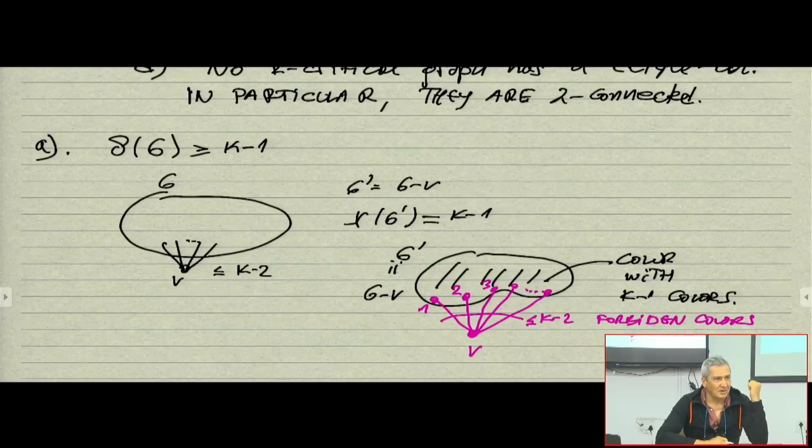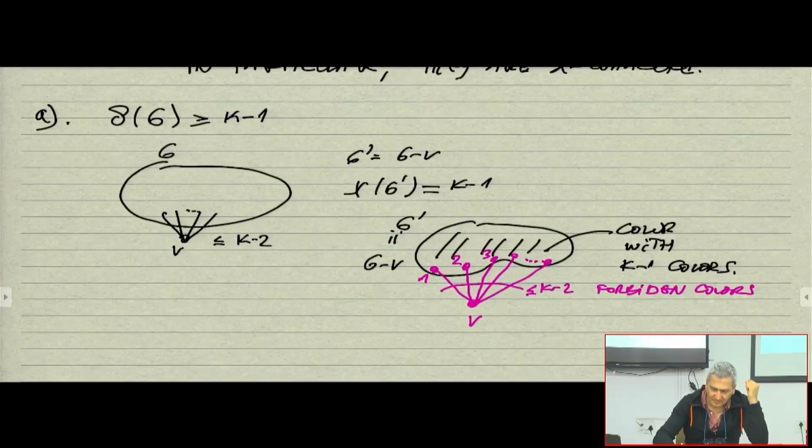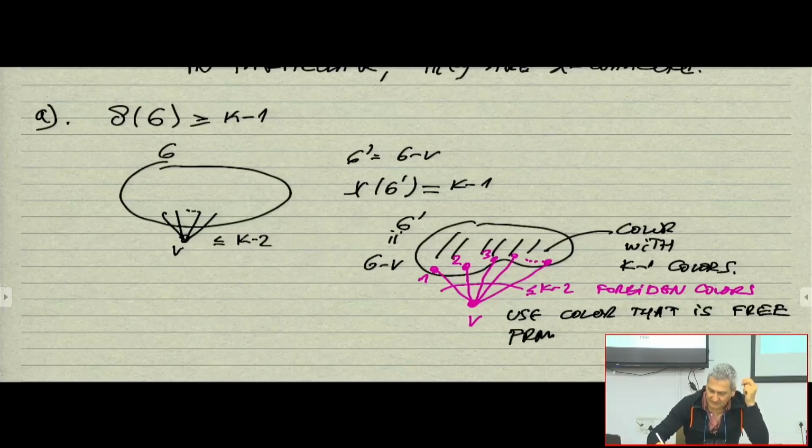So I can use, in the worst case, one of these K minus 1 free colors, the free color that is free, or not use it if you want, from the interval.